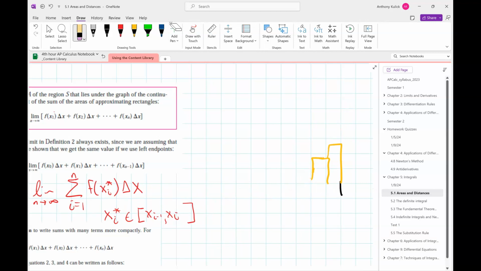That's the summation notation. It stands for a sum. Sum of what? Sum of the terms f of xi star times delta x. So these are the heights, and those are the widths of our rectangles. Each rectangle for i equals 1 to n is just a height times a width.